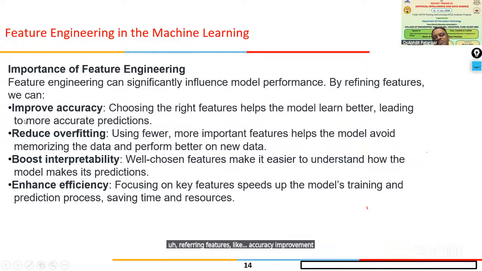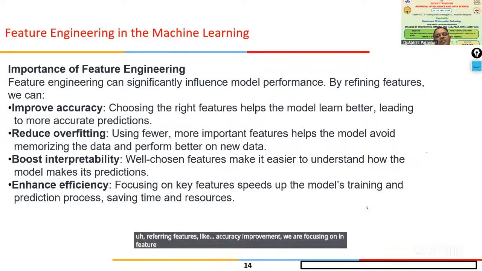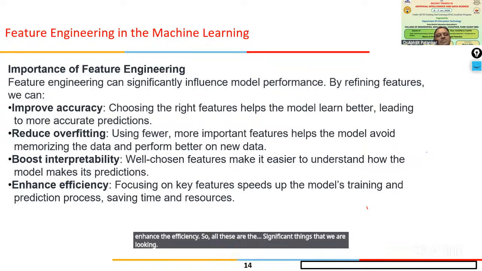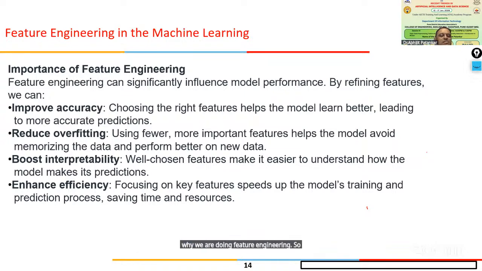We are focusing in feature engineering on reducing overfitting, boosting interpretability, and enhancing efficiency. So all these are the significant things we are looking at for why we are doing feature engineering. It is a similar process to data pre-processing, but improves accuracy: choosing the right features helps the model learn better, leading to more accurate prediction.